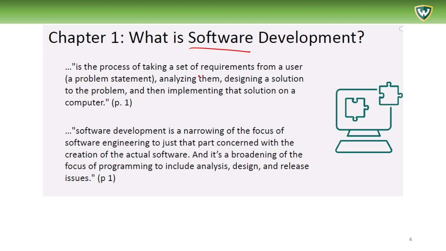However, some of the methodology and processes we discuss here can be used for different kinds of product development, very broadly stated. We have another statement here. Software development is a narrowing of the focus of software engineering to just that part concerned with the creation of the actual software. And we can think of the software as a program or a component of a computer.